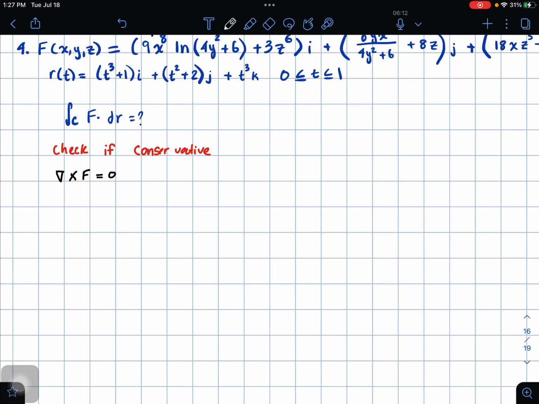For me, I like to do it the way I was taught in high school, where you just write it out and cross like that. It's easier for me to compute.